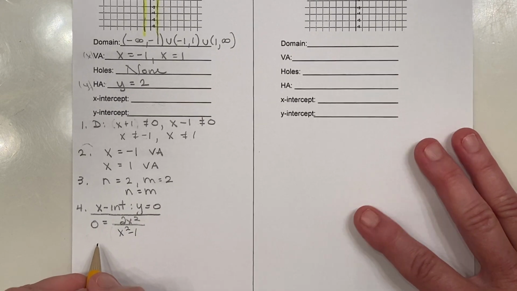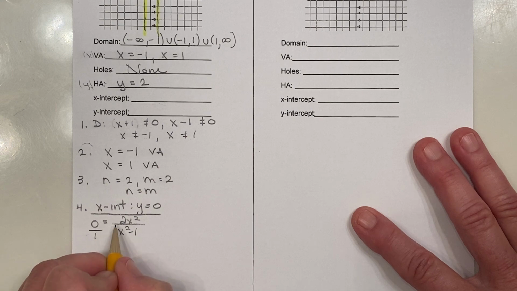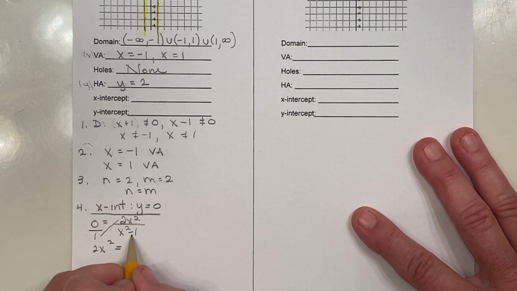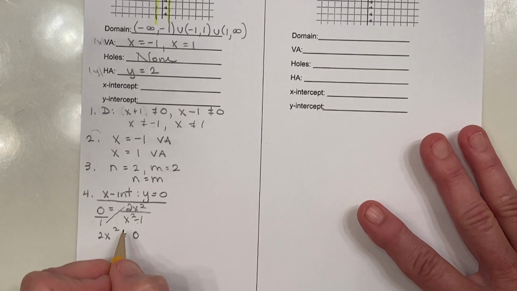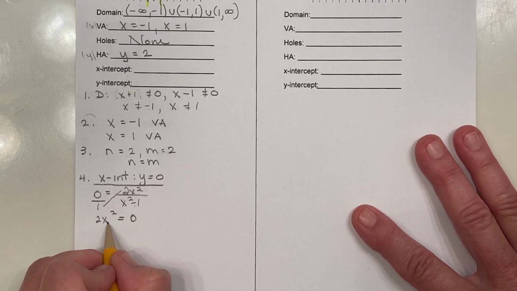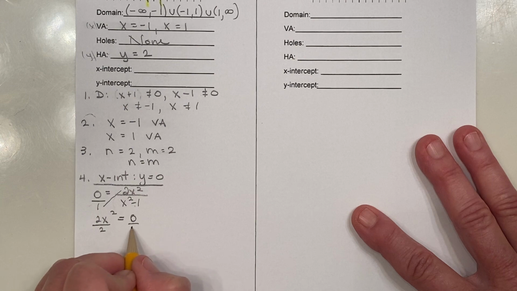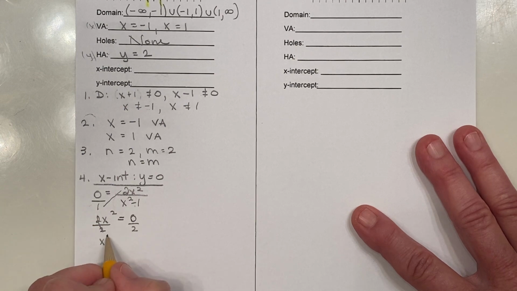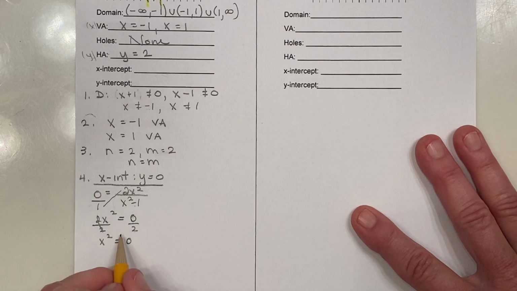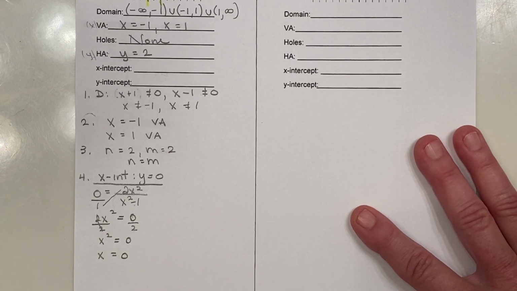We'll see what happens when we solve this. Put 0 over 1, cross multiply, so we get 2x squared equals 0 times that denominator, which is just 0. To get x by itself, let's divide out the 2 first, isolate x squared. Now 0 over 2 is just 0. So when you bring in the square root on both sides, you're going to end up with x equals 0.